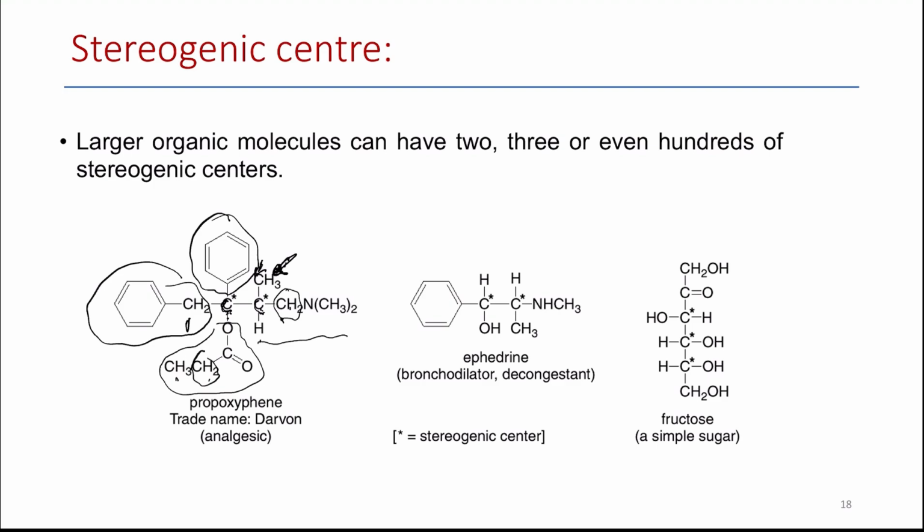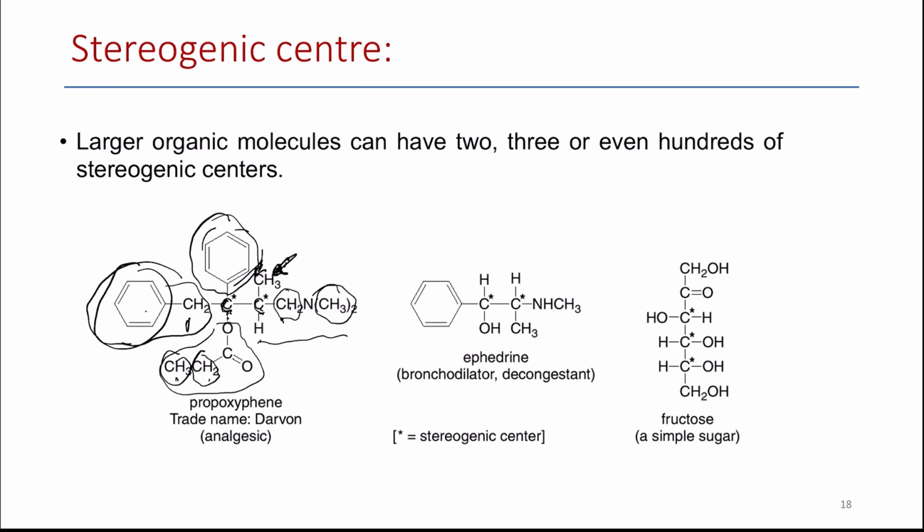So you can apply this to this CH2 and this CH3, and also these CH3 groups. All of these are achiral. So we only have two chiral centers. Of course, the carbon atoms within the phenyl groups here are not chiral at all because they are sp2 hybridized. There is a double bond.